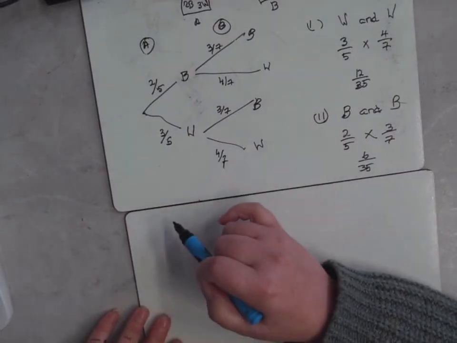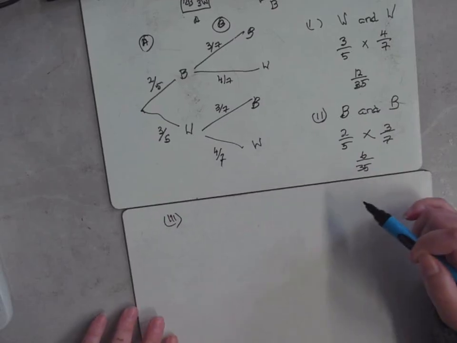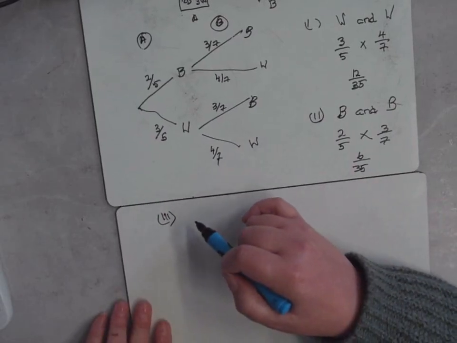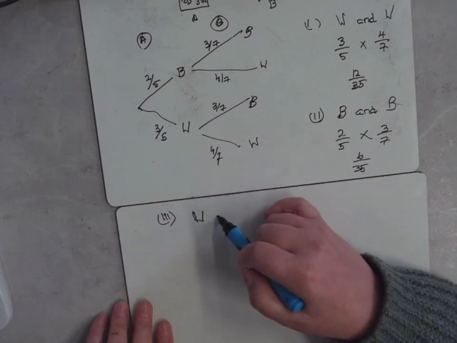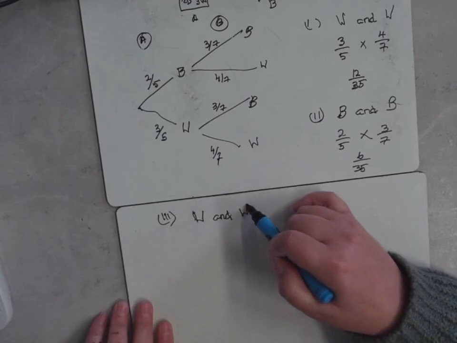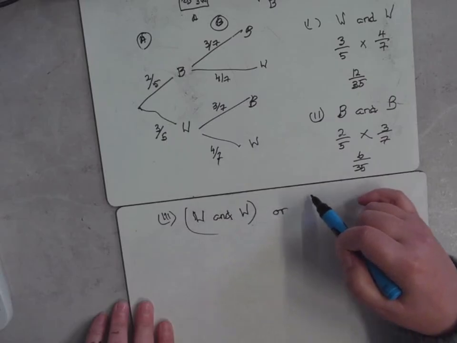Then the next one is, what are your chances they're the same colour? Now, you have to rephrase this. So how would they be the same colour? They could be white and white, couldn't they? That's one option. Or, what's the other option? Blue and blue.